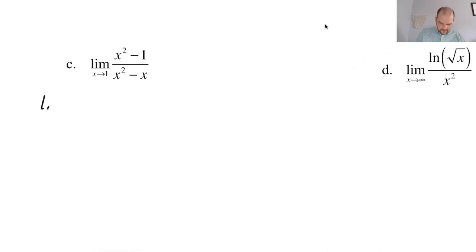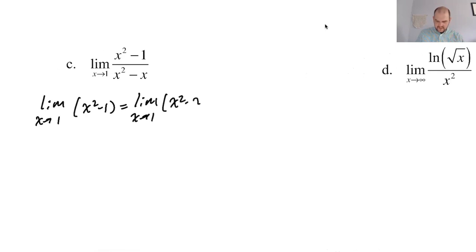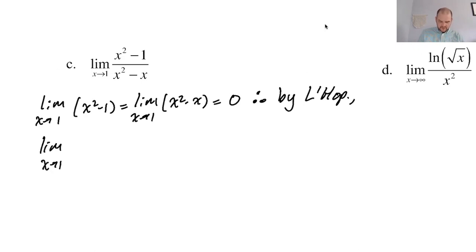So let's see. Limit as x approaches 1 of x squared minus 1 equals the limit as x approaches 1 of x squared minus x, and both of those limits are 0. Okay, so we can use L'Hopital's rule. Therefore, by L'Hopital's rule, the limit to the original limit, this is the part I really hate doing.